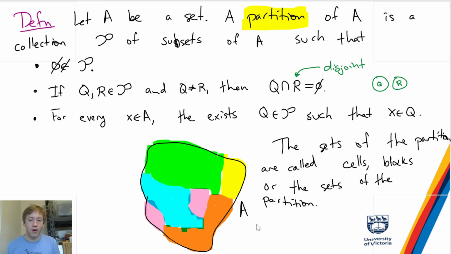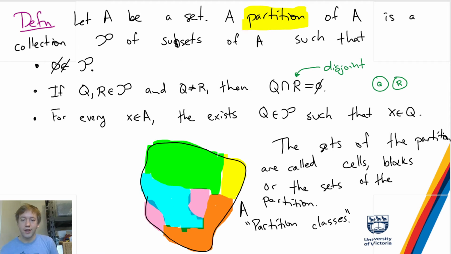But some people also call these things partition classes. There's all different kinds of terminology here, but hopefully it'll be clear from context what we're talking about when we talk about the sets of a partition or the cells or whatever.